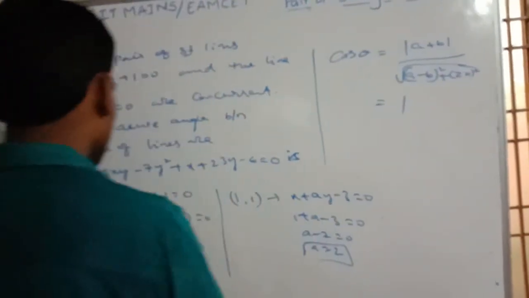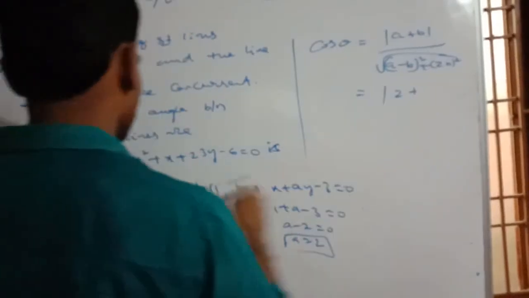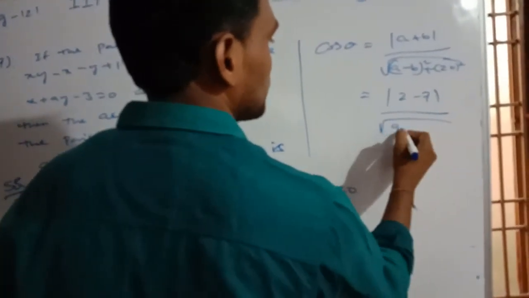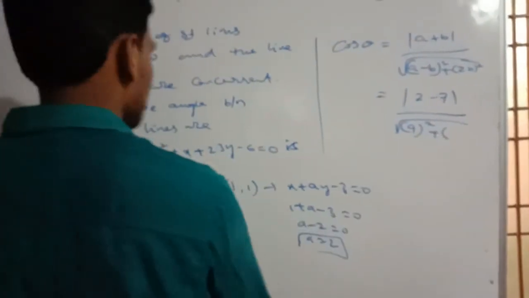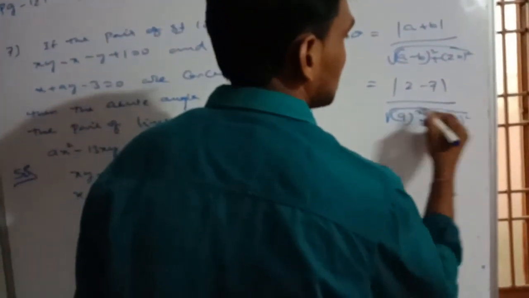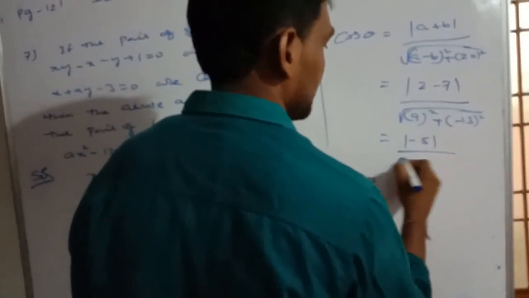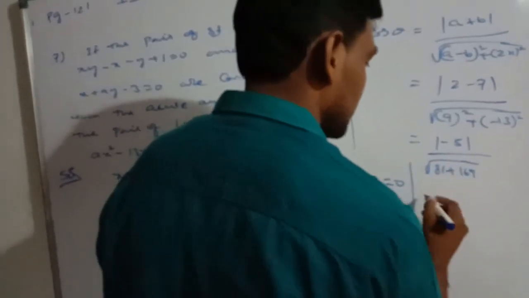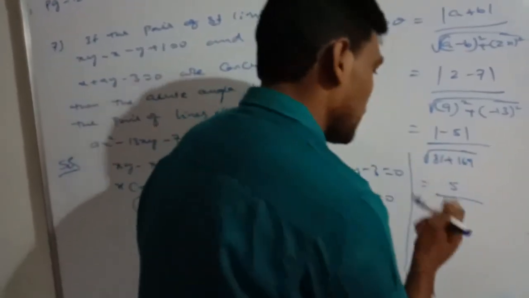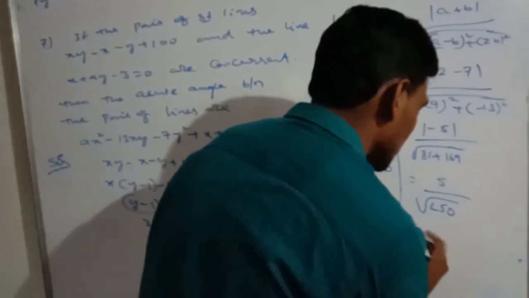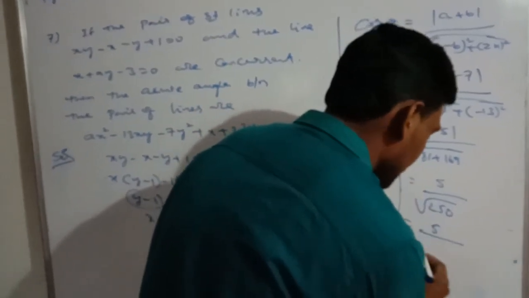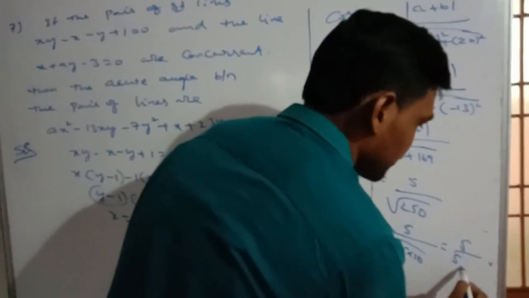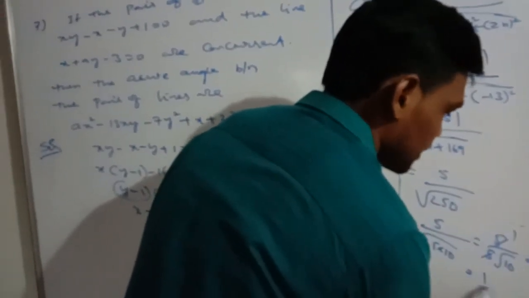Here a is 2 and b is minus 7, that means minus 5 by root of 81 plus 169, and this is 5 by root 250, and 5 by root of 25 into 10, and this is 5 by 5 into root 10, this is 1 by root 10.